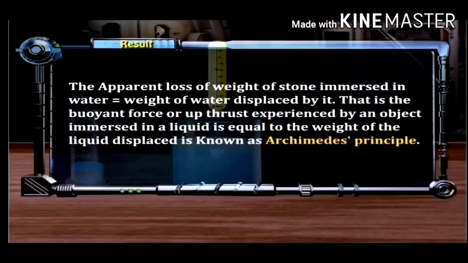Finally, we get the result of Archimedes' principle: the apparent loss of weight of a stone immersed in water is equal to the weight of water displaced by it. That is, the buoyant force or upthrust experienced by an object immersed in a liquid is equal to the weight of liquid displaced, which is known as Archimedes' principle. So students, I hope this experiment is clear.